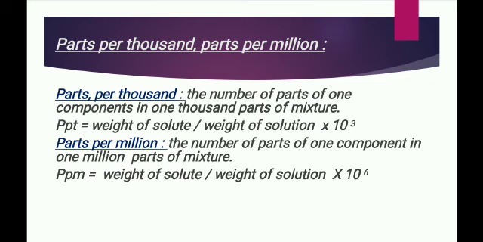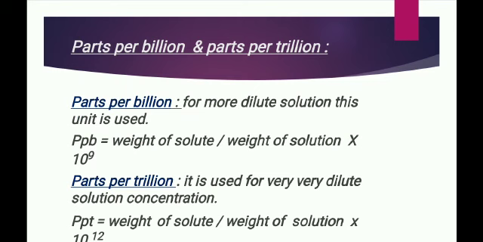Parts per million means weight of solute divided by weight of solution into 10 raised to 6. Parts per billion means weight of solute divided by weight of solution into 10 raised to 9. When it is multiplied by 10 raised to 12, it is called parts per trillion.